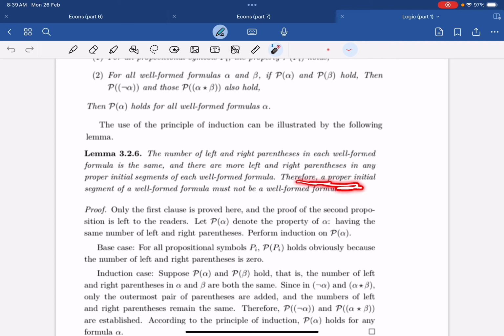Therefore, a proper initial segment of a well-formed formula must not be a well-formed formula. So there's a lot of words to unpack, and the most important line in here is just that the number of parentheses is the same.